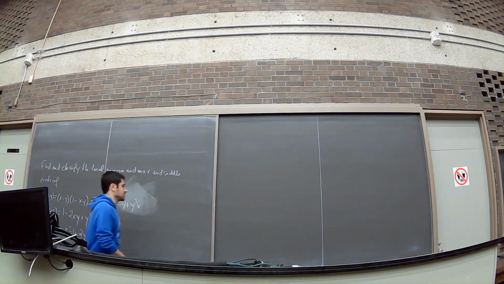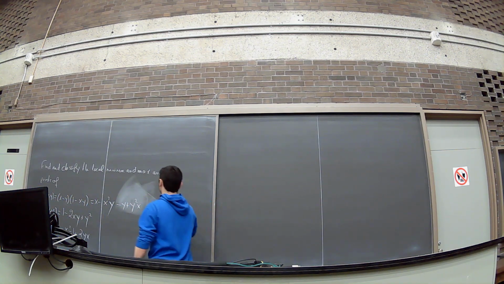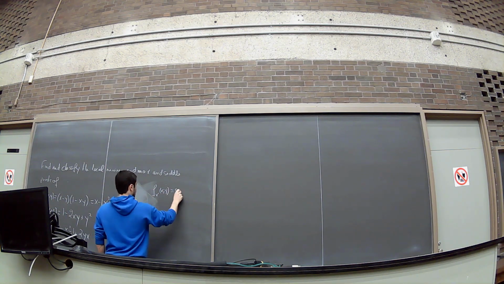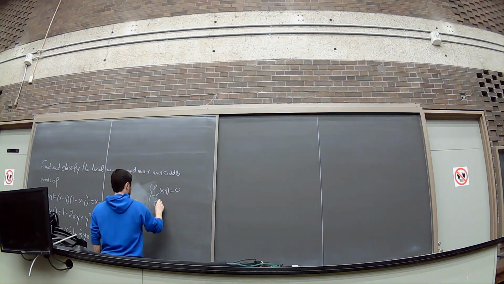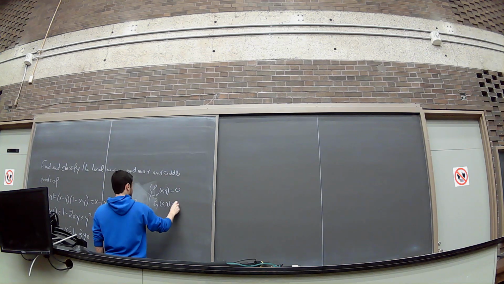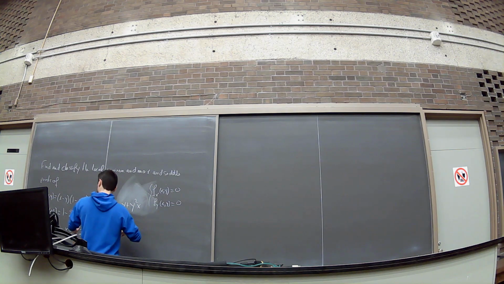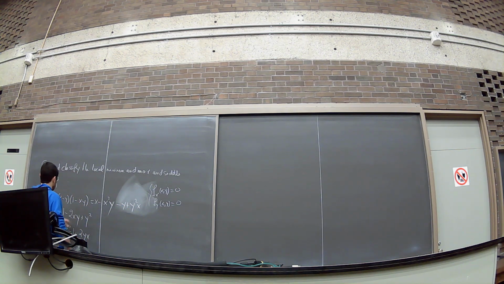Now solving these two equal to 0, fx and fy equal to 0. What do we get? We can subtract both or add them. Let me be sure that this is the example I had last time.